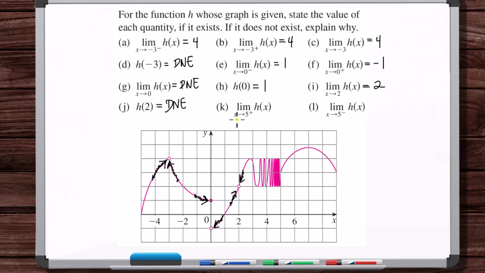Okay, what is the limit as x approaches 5, coming from the left and coming from the right? So what they're going for here is, we looked at an example of a sine function. It was like sine of x divided by x, I want to say. Is that what it was? Or no, it was sine of pi over x.